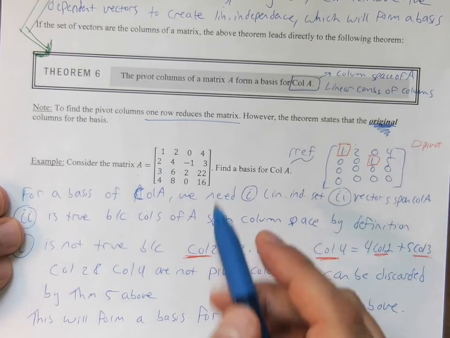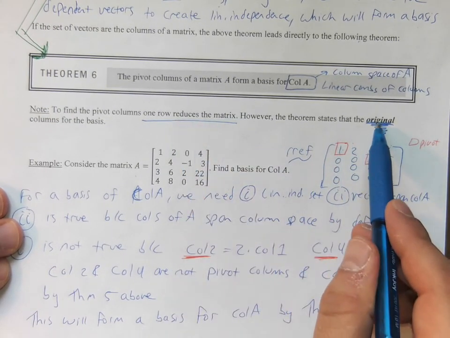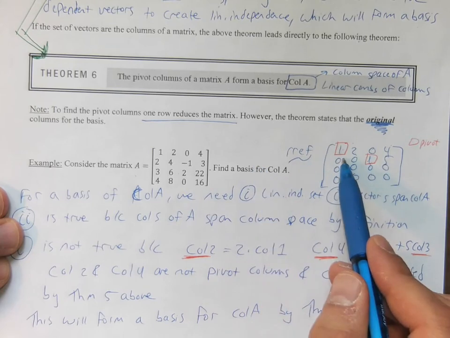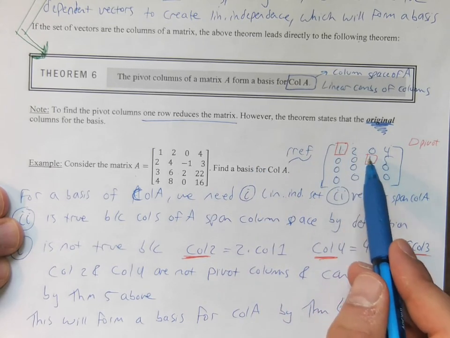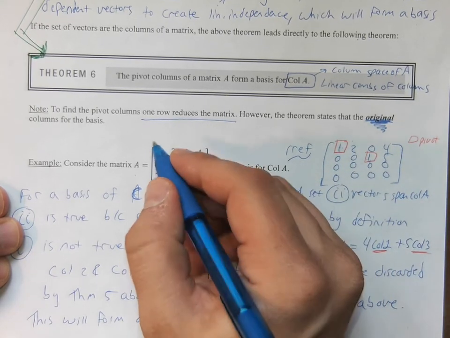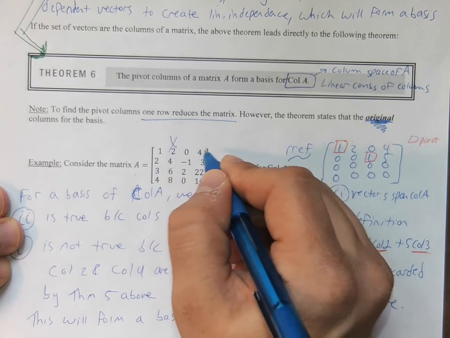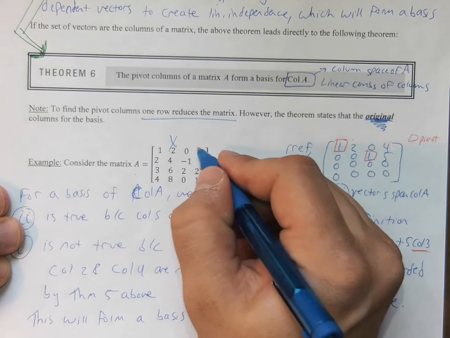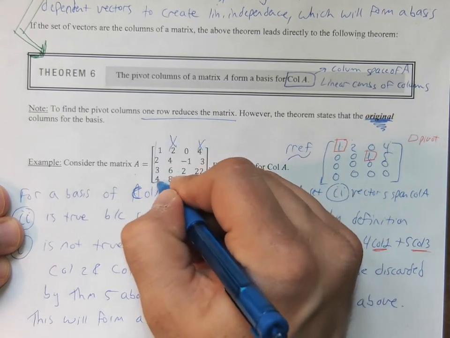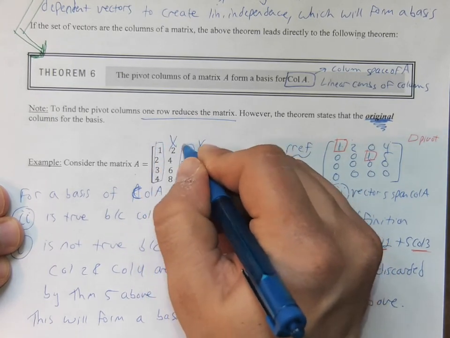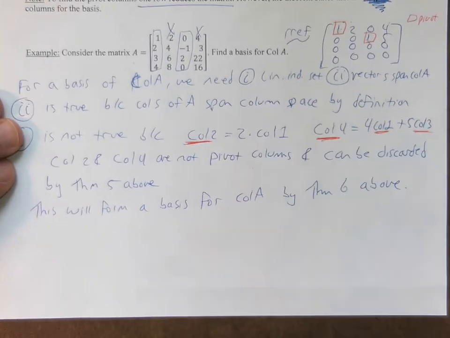But the key thing to note is we want to use the pivot columns of the original matrix. So we row reduced here and saw that we wanted columns 1 and 3, but then we go back and actually use these two, right? So we get rid of this one, we get rid of that one, and we're going to use this one and this one. That's the last thing I want to write down here.